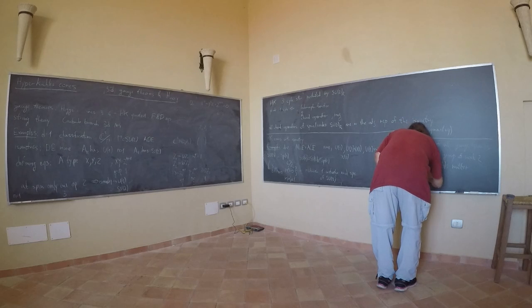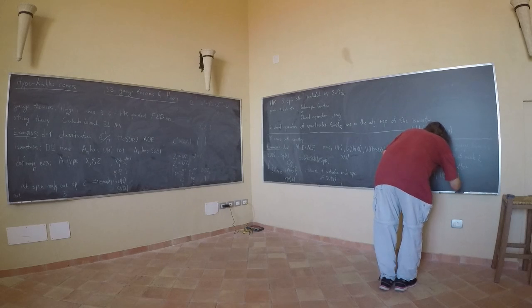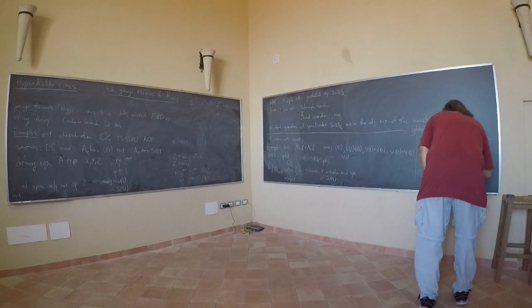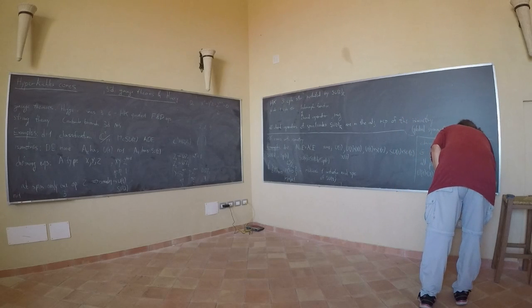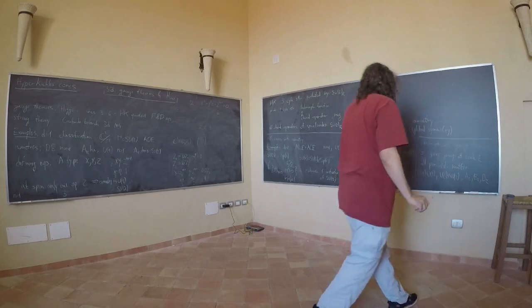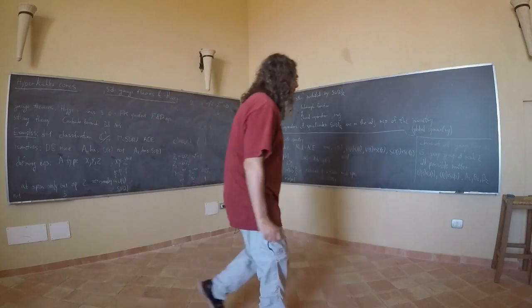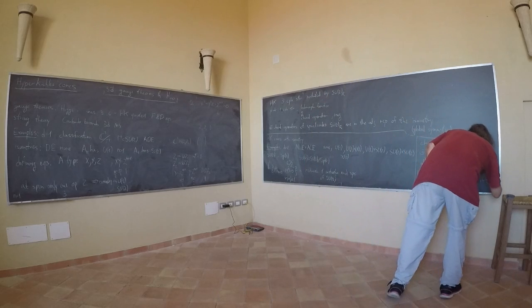There's U1 times U1. There's U1 times SU2. And all the rest are A2, B2, and again, I think I forgot 1. G2. And G2, thank you. D2. That's the one. Huh?